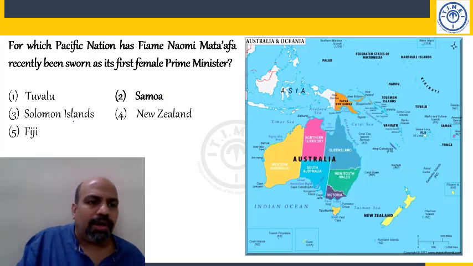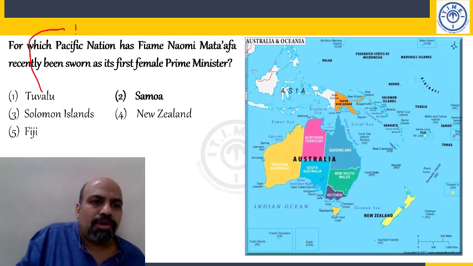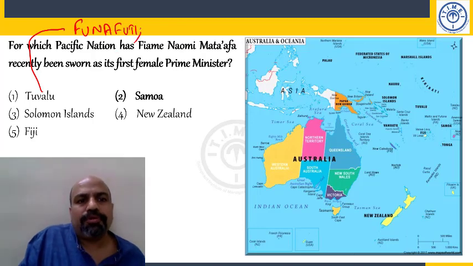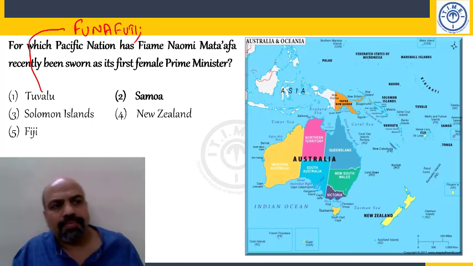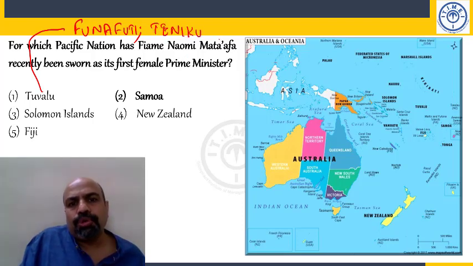Then Tuvalu, very small country, just about 26 square kilometers. Funafuti is the capital, and the president is Tenuku Honolulu.